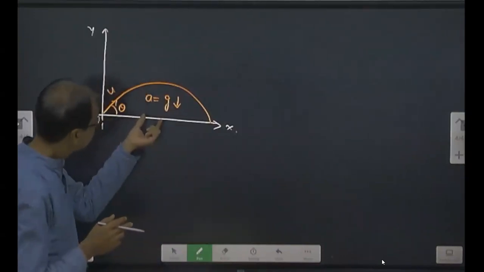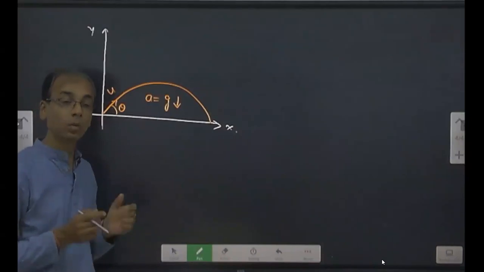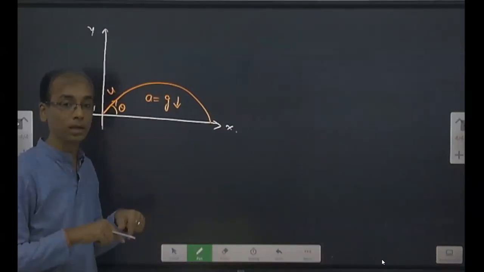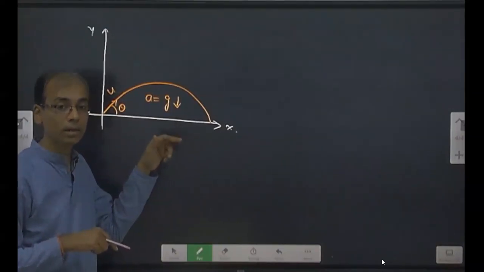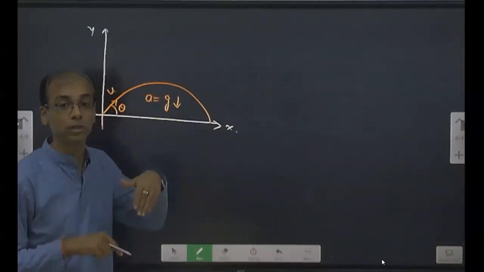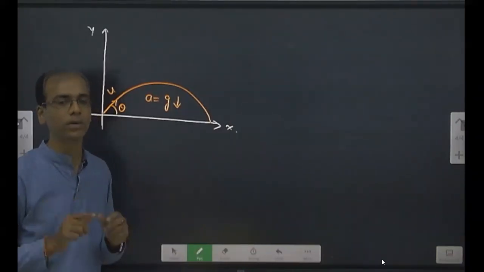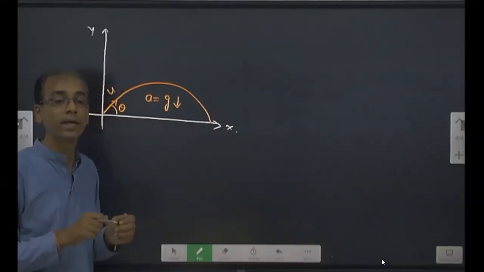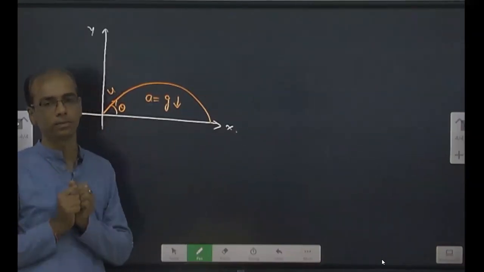So in this case, force is being applied downwards so that the particle can move in the direction of force, that means in the direction of acceleration. What acceleration always tries is to bring the velocity in the direction of acceleration.